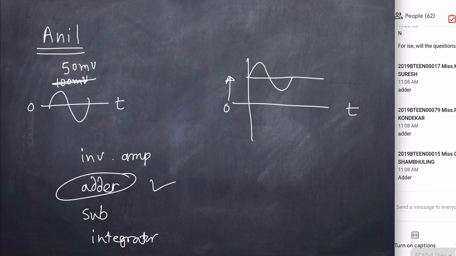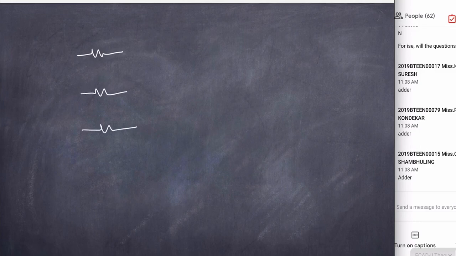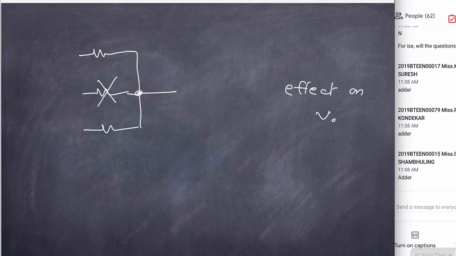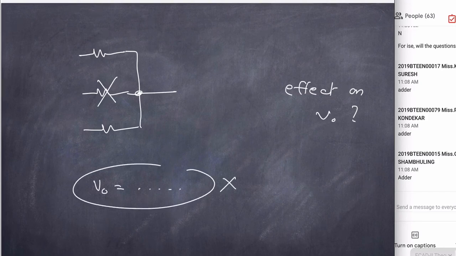Then equations जो भी है वो सही ढंग से understand करो. And one more thing is that in case there are some faults in the circuit, for example, if I take the adder circuit, and if there is a fault that this circuit is open, then what is the effect on VO? ये आपको पता करने के लिए आना चाहिए. सिर्फ इक्वेशन डालो VO इज इक्वल टू ऐसा इक्वेशन, ये नहीं चलेगा. In case the circuit goes bad, क्या हो सकता है, that you should be able to understand. That you will be able to understand only when you know the circuit and its operation.